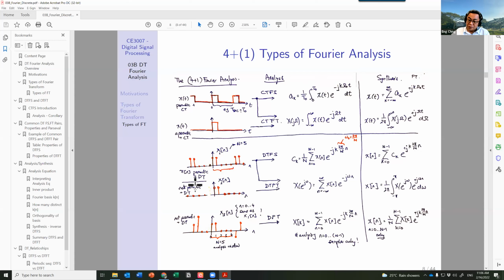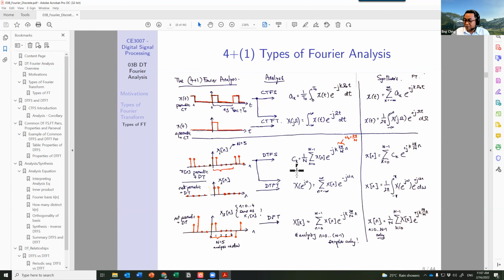To perform analysis, the word analysis means to take my original signal and put it into the frequency domain. So you say, where is the frequency domain? Here you can see omega, so that is the frequency domain. Here you say k, where is the frequency domain? So in the past exam questions or the tutorial, you have to find what is the relationship of k to the frequency.